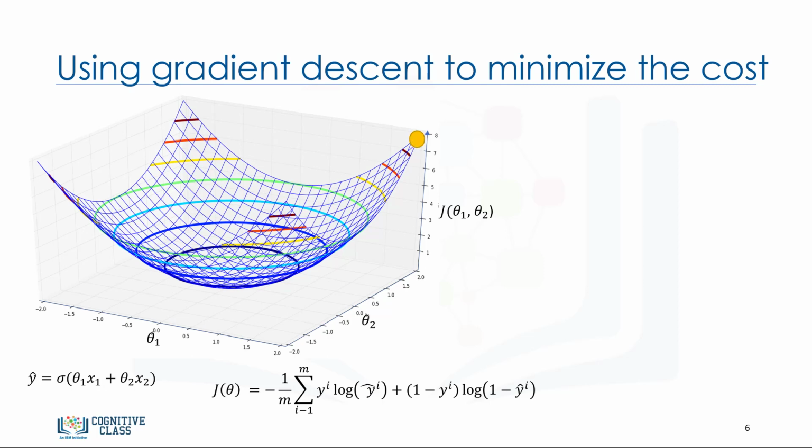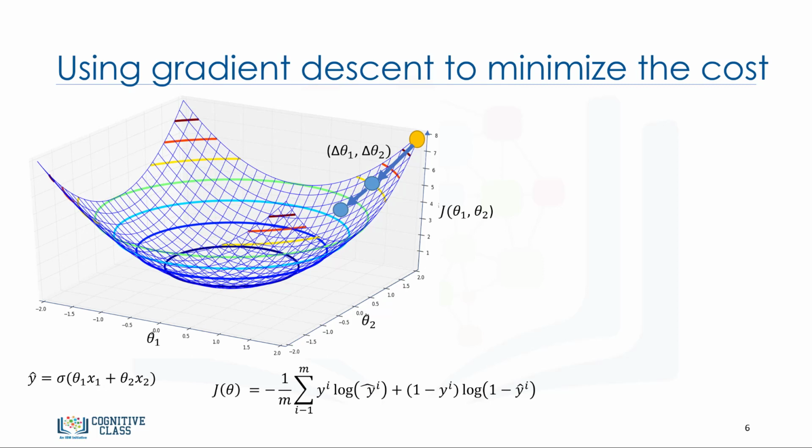You can select random parameter values that locate a point on the bowl. You can think of our starting point being the yellow point. You change the parameters by delta theta 1 and delta theta 2 and take one step on the surface. Let's assume we go down one step in the bowl. As long as we're going downwards, we can go one more step.